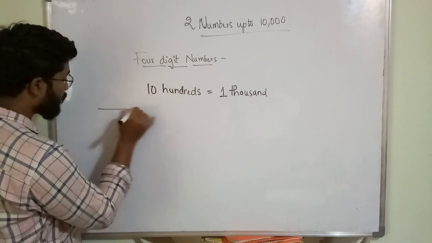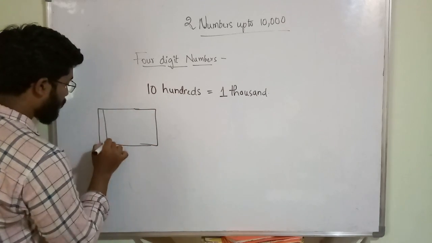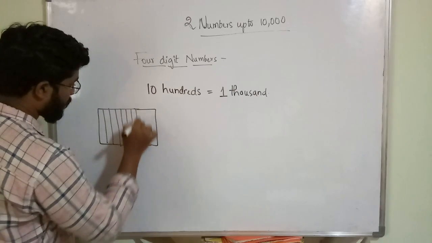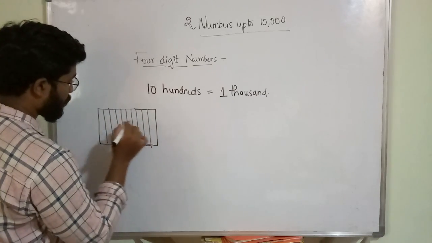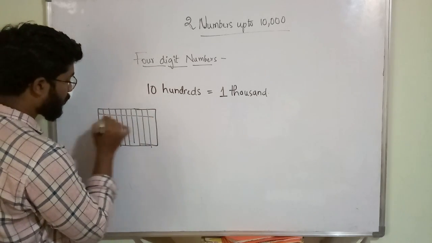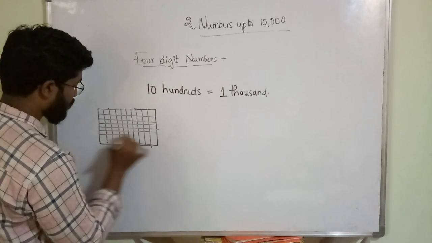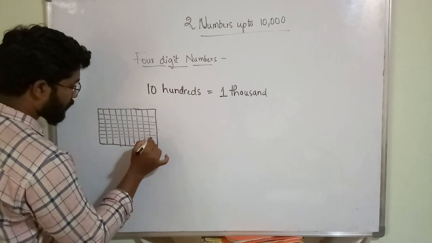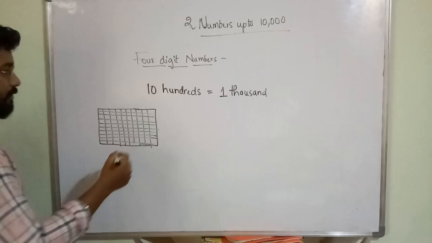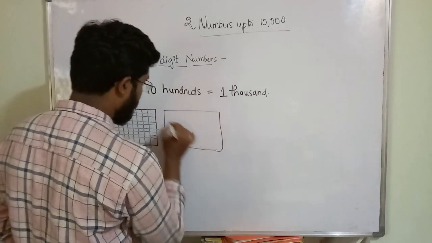Hundreds, how will we represent? 10 rows, 10 columns. One more. Like that we have to draw how much? 10.